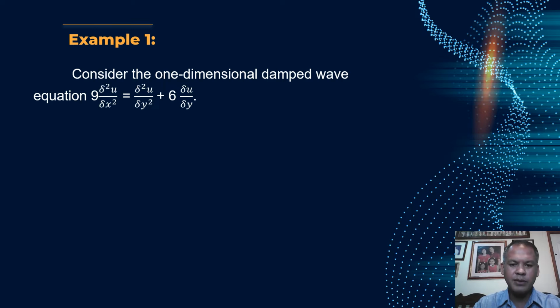Consider the one-dimensional damped wave equation: 9 del squared u over del x squared is equal to del squared u over del y squared plus 6 del u over del y.